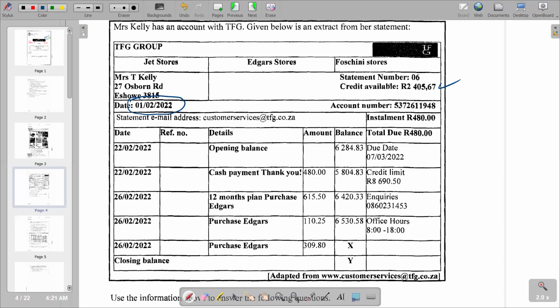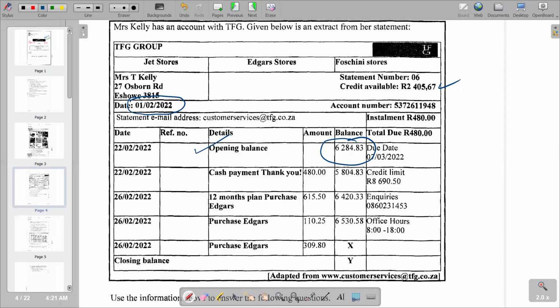And we can look now at the balance that is there on this date, and we can only get it on the open balance. So we have got our open balance is 6,284 rands 83 cents. So we can just add the two to get the credit limit.